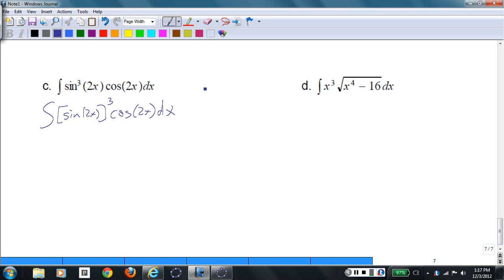But we saw how we could fix that a little while ago. Let u equal sine of 2x. Then du equals 2 cosine 2x dx.